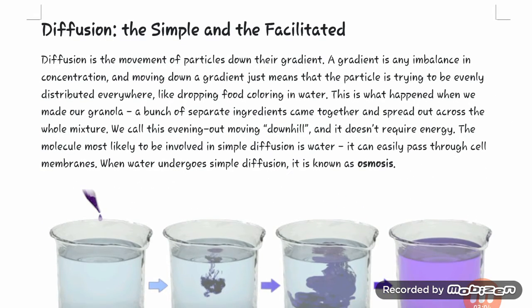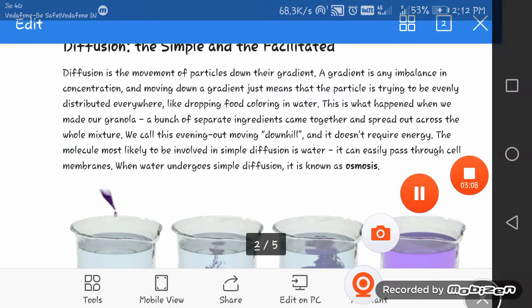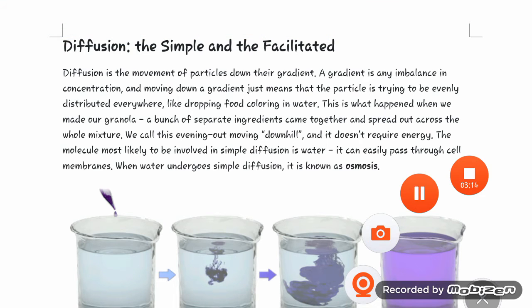Next is diffusion. Diffusion is the movement of a particle down its gradient. A gradient is any imbalance in concentration, and moving down a gradient just means that the particle is trying to be evenly distributed everywhere, like dropping food coloring in water.